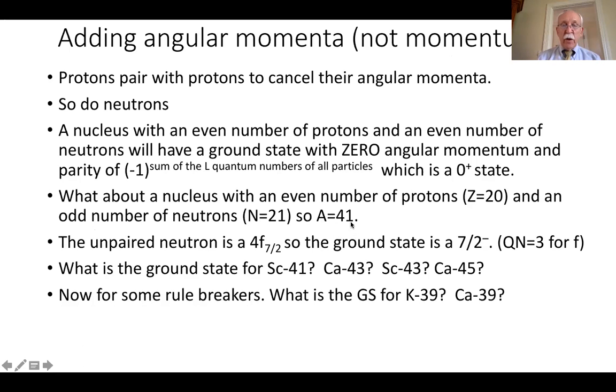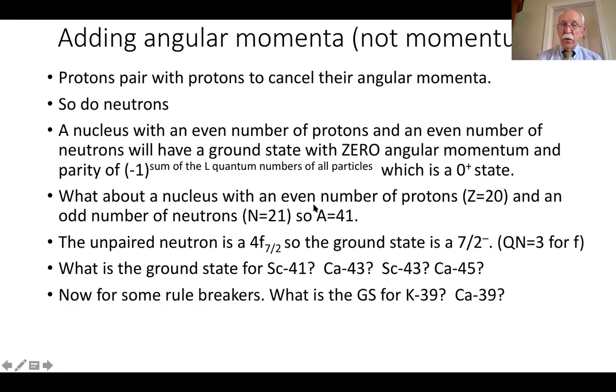All right, so if we go back to our neutron, since the unpaired neutron is a 4f7/2, or in normal nomenclature a 1f7/2, the ground state is a 7/2, and if we go back to SPDF, F is a quantum number 3.